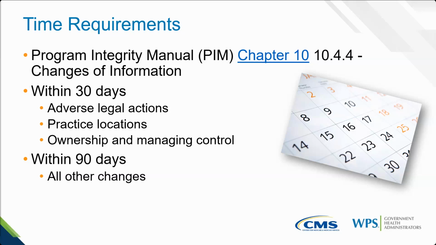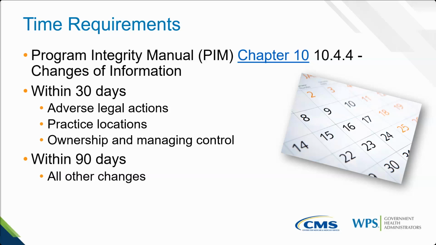Or even something as simple as a piece of correspondence that went out to a provider. Maybe they've moved, the address has changed. Medicare mailings cannot be forwarded, they will be returned to us, and that could cause an interruption in payments. So keeping your information current is going to ensure that your claims continue to process smoothly and help you and us avoid any payment interruptions for you.